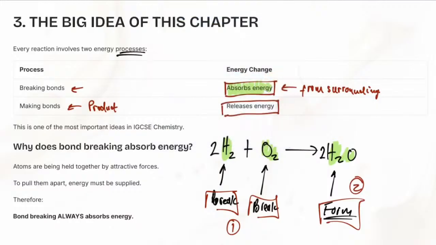You may ask, how can forming bonds release energy? Just know it for now, from today onwards, forever, that forming bonds releases energy to the surroundings. So are you telling me that in every reaction, energy is going to be absorbed from the surroundings, and energy will also be released to the surroundings? Yes.